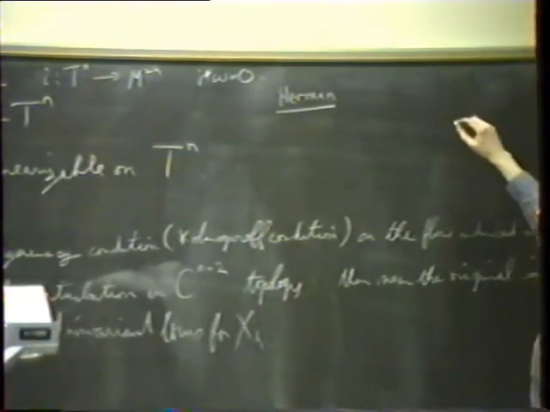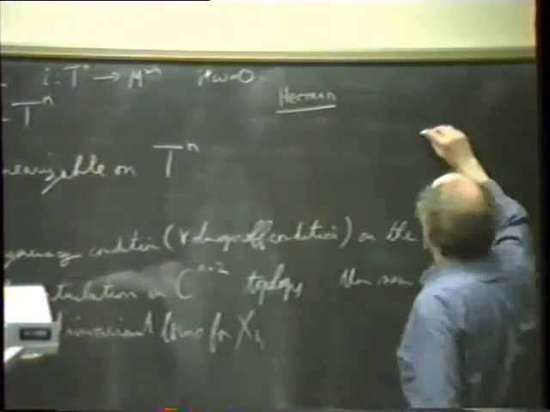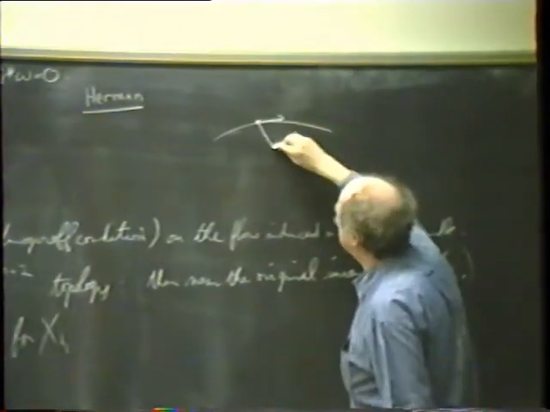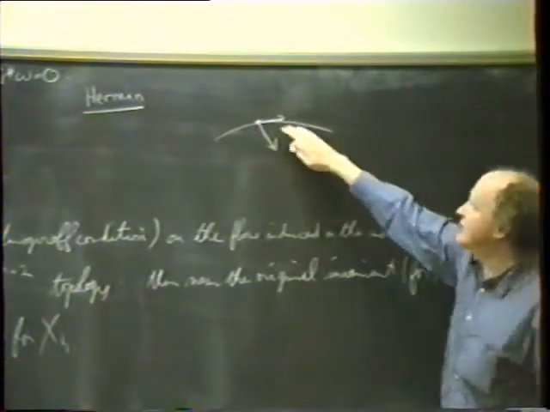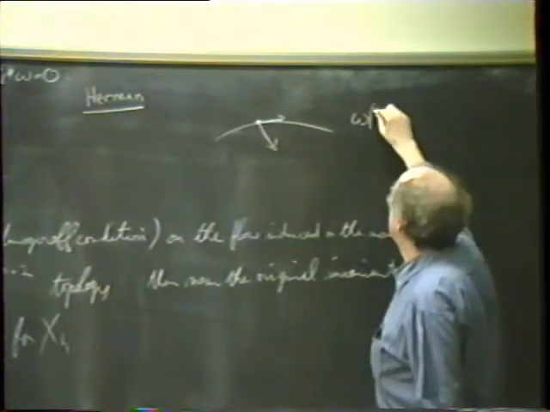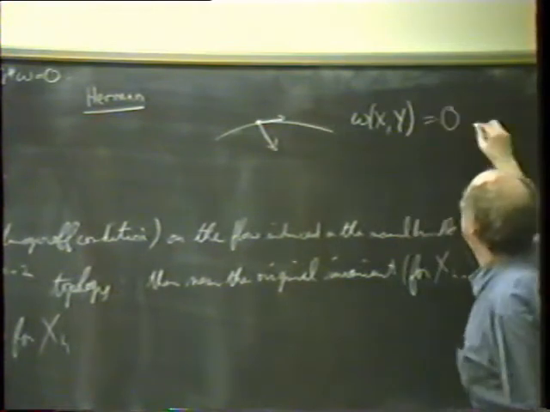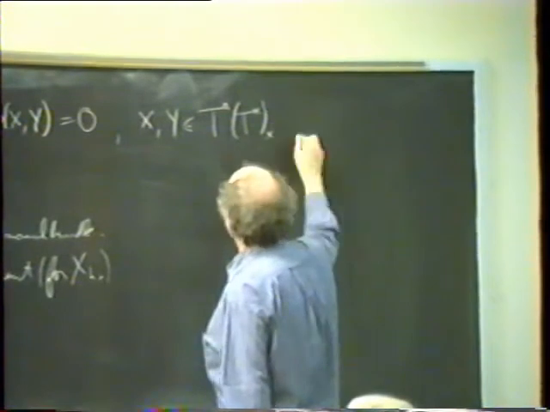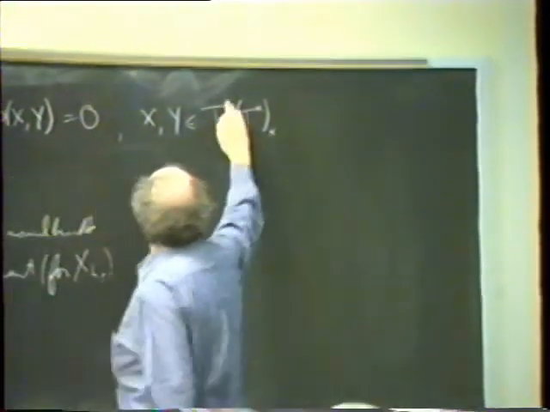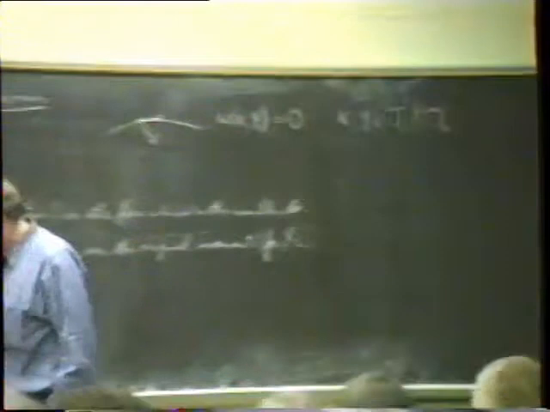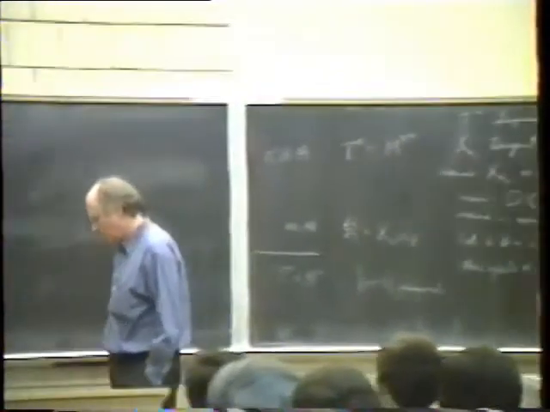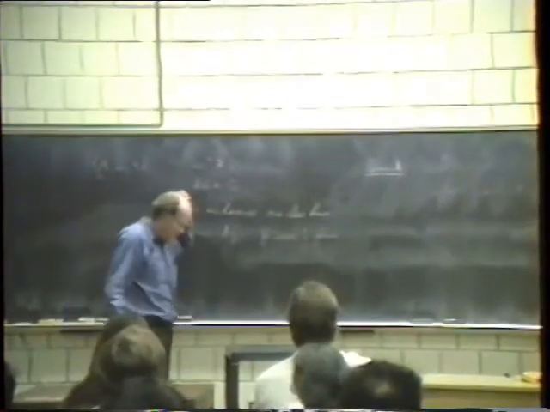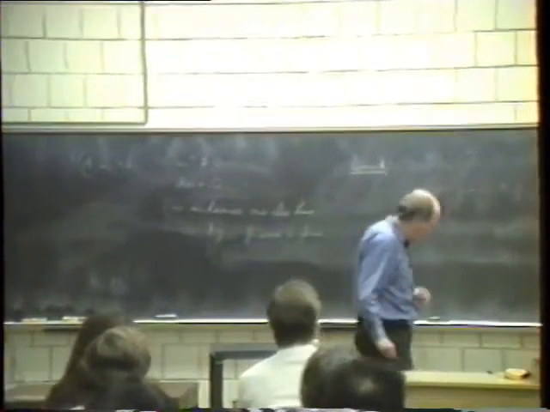To put this another way, if you have the n-torus and you take two vectors x, y contained in the tangent space of the n-torus at some point and apply omega to them, you get 0. So this condition is one of the hypotheses of the KAM theory.